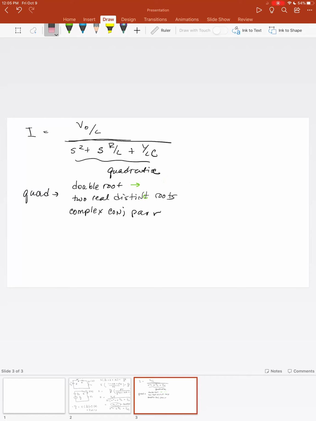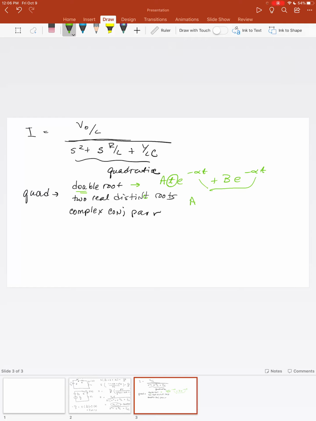scratch that. Let me erase that. If it's a double root, let's start over. If it's a double root, you get a times t e to the minus alpha t plus b e to the minus alpha t. So a single time constant, because it is a double root, and then you have this t here because it is a double root.